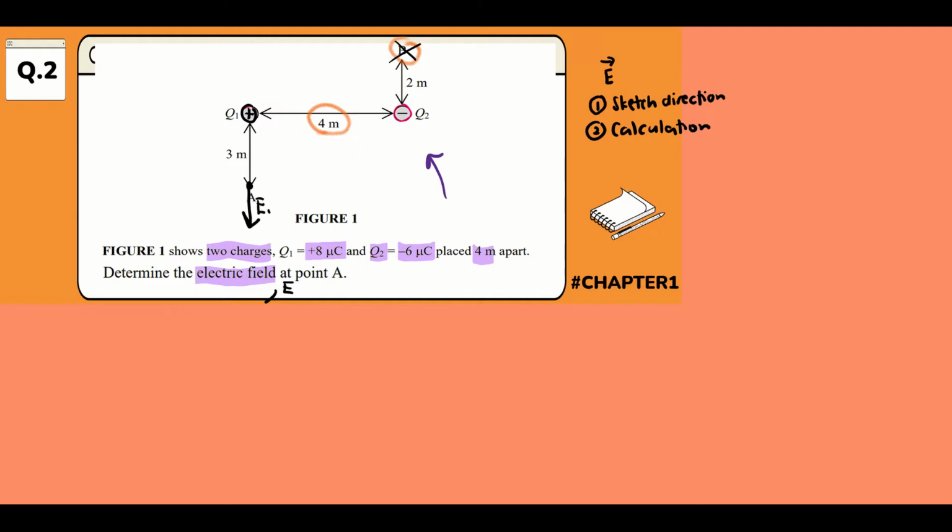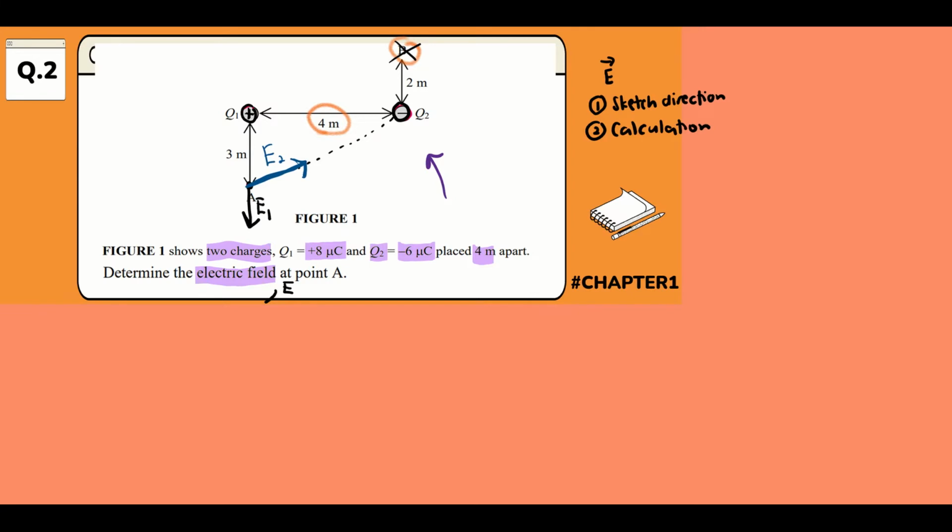This is your E1. And then the electric field due to charge 2 is going to be along this line, and charge 2 is negative, so from point A your electric field 2, E2, is into the charge. So this is your E2. Now this is your diagram.